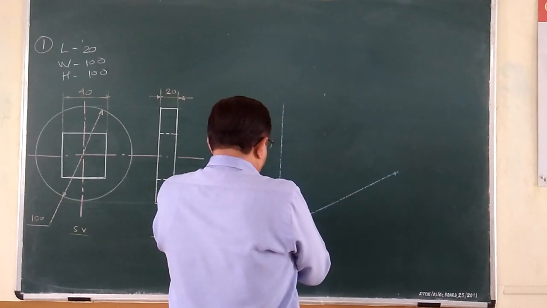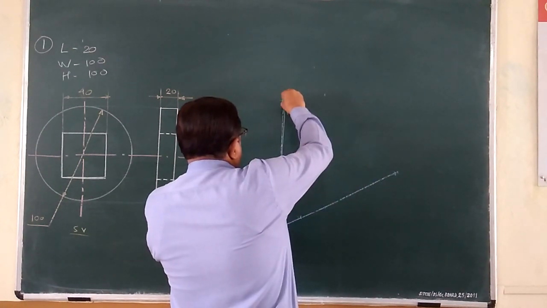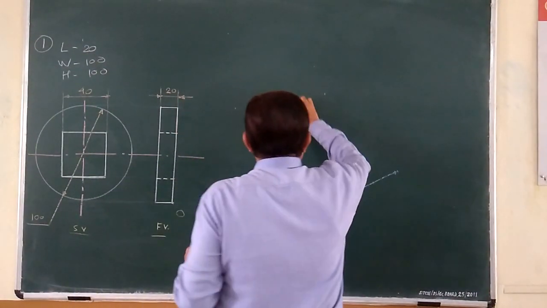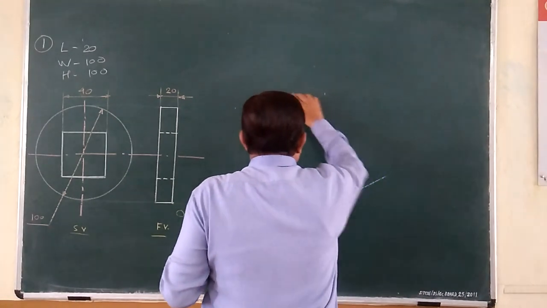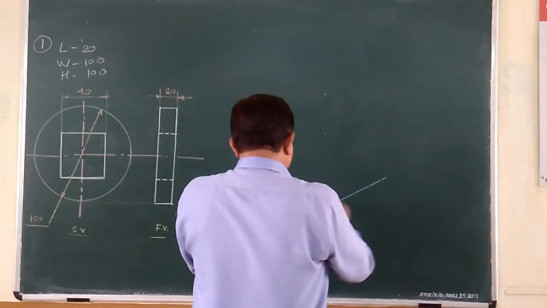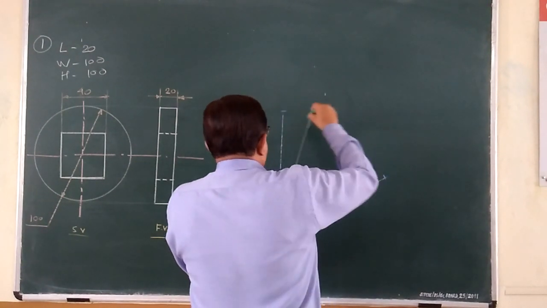Now you have to precisely mark the distance of 100 mm by scale. Okay, it's much bigger, so I have to reduce its scale. It is difficult for me to create the rhombus, so I will take this much as 100 mm.